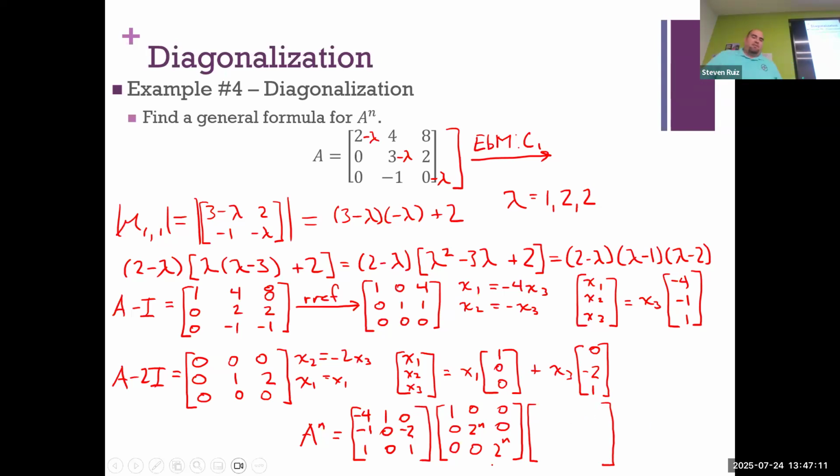And then times the inverse that someone's going to find. Awesome. Got it.